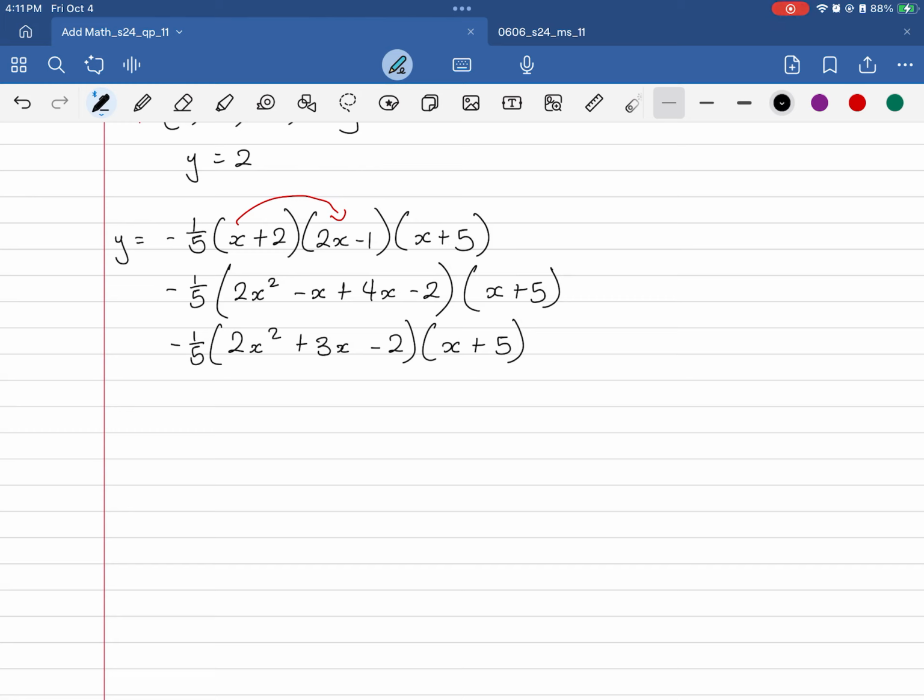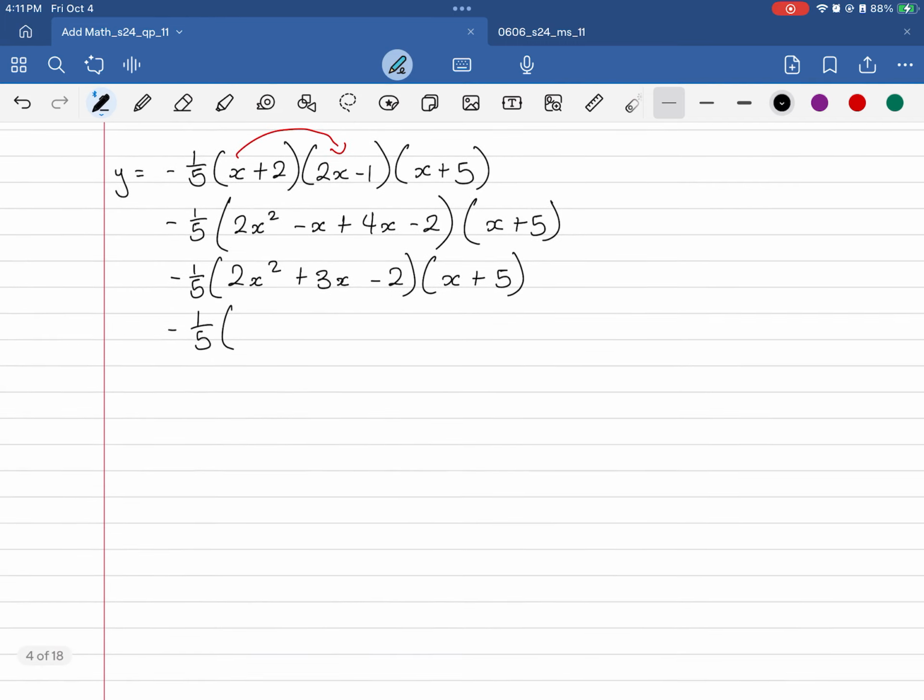We're leaving the fraction for now. It's easier to work with whole numbers than fractions, so you can multiply out the fraction after you've expanded each of the brackets. So this becomes, now I'm multiplying this and this. This one's 2x cubed plus this, and this is 10.